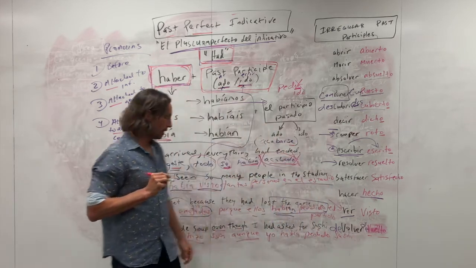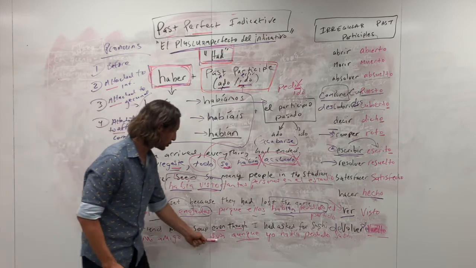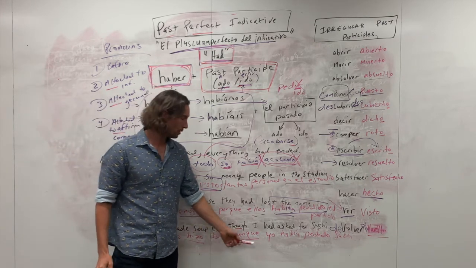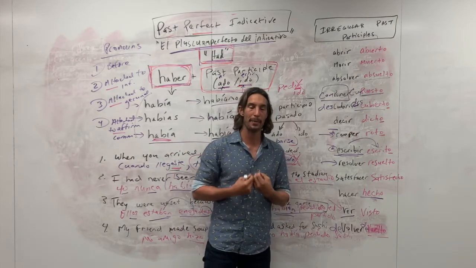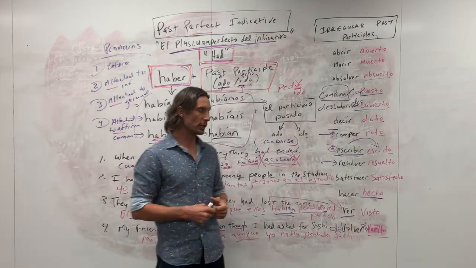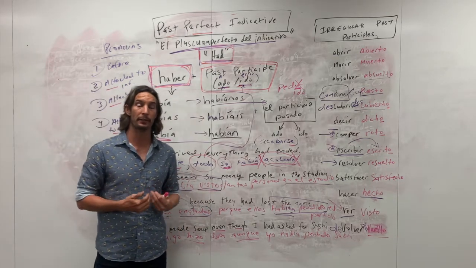There you go. So, mi amigo hizo sopa, my friend made soup, even though I had asked for sushi. Yo había pedido sushi.